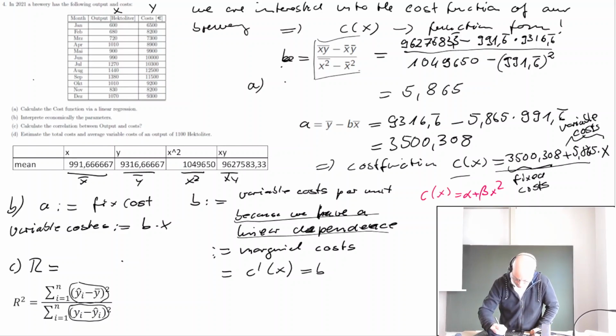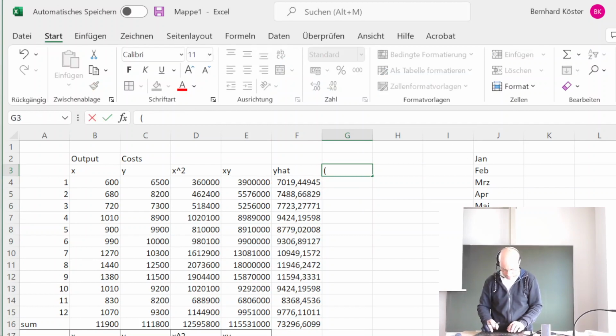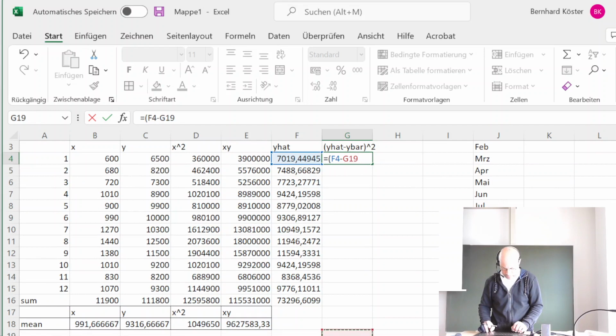So then we need y hat minus y bar squared, and this is then y hat minus y bar squared.